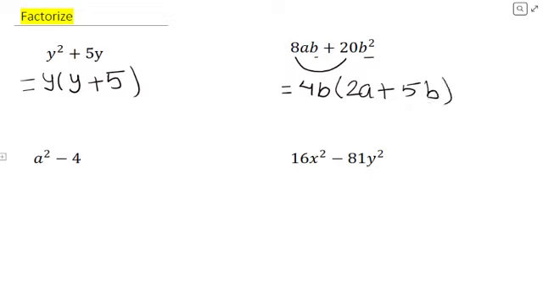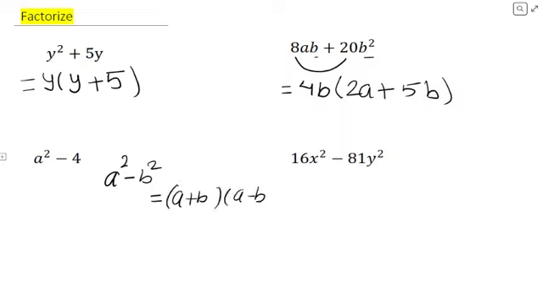Now if you look at this expression, which is a square minus 4, there are no common factors between these two. But there is a relation. We have a square minus b square, and that equals a plus b and a minus b.